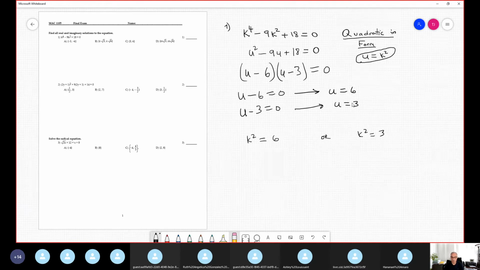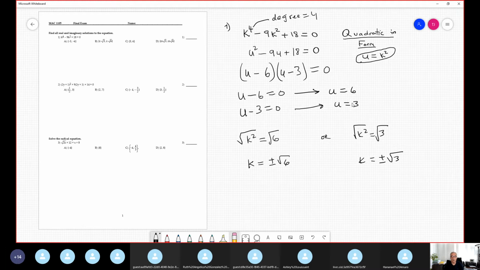Now you have to separate into two quadratic equations, but the easy ones that you can solve by the square root method. So k is equal to plus or minus radical 6, and k is equal to plus or minus radical 3. This is exactly what we expect. Remember, the degree of this is 4, a polynomial equation of degree 4. We get 4 solutions, which are plus or minus radical 6, plus or minus radical 3, which I suppose is this answer.